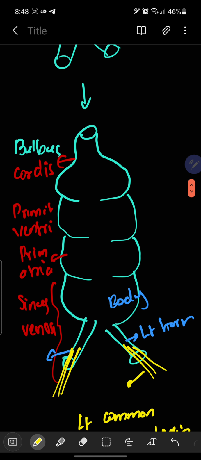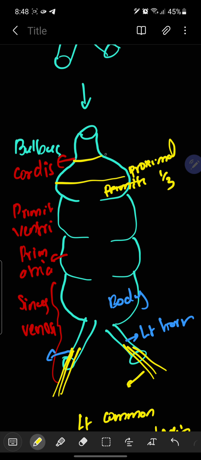After that, there are three segments in bulbus cordis. This is the proximal one-third segment.